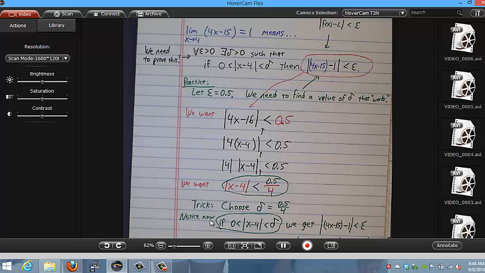Now, I said this was practice. Let epsilon equal 0.5. Did we ever really use the number 0.5 anywhere special? I guess it was here, right? And it ended up being that the delta we wanted to choose was 0.5 over 4.